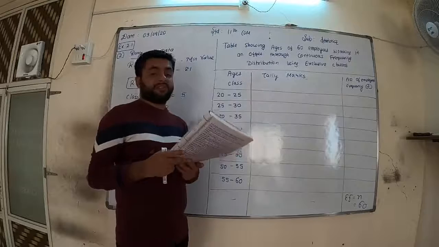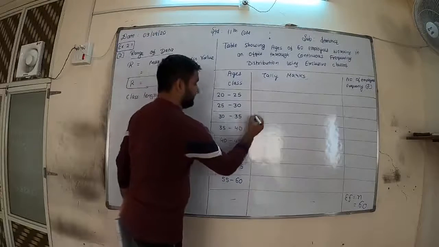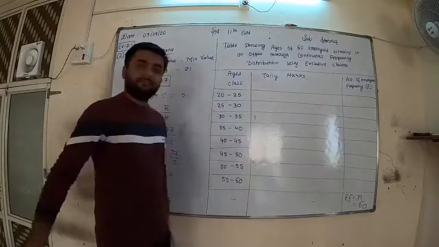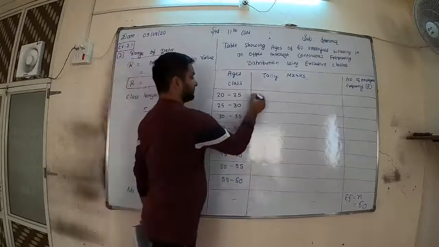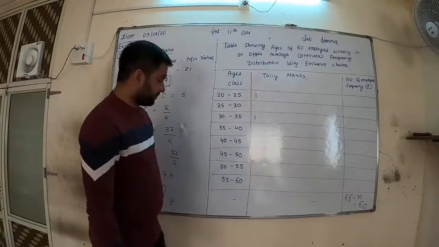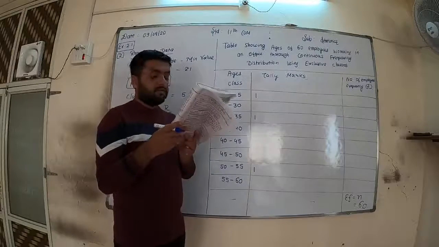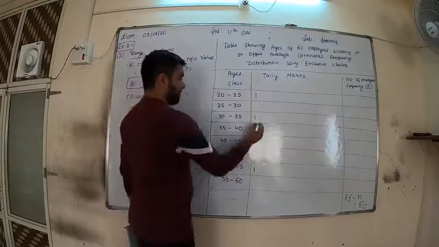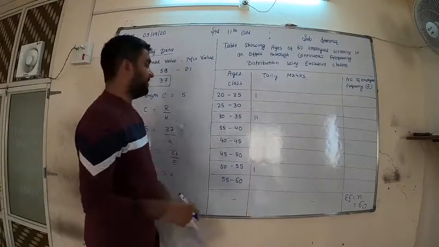Now I am doing it vertically, and in the first line we are seeing 32. So 32 will come here. 24, 52, 32, 31.